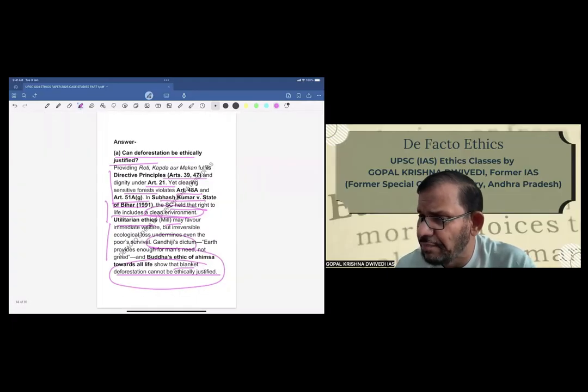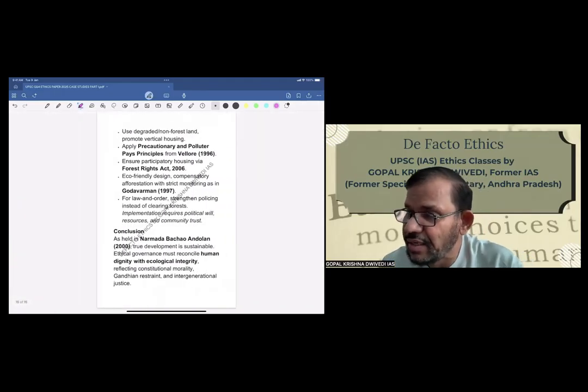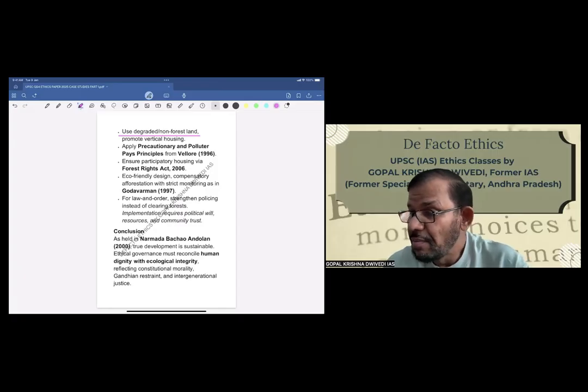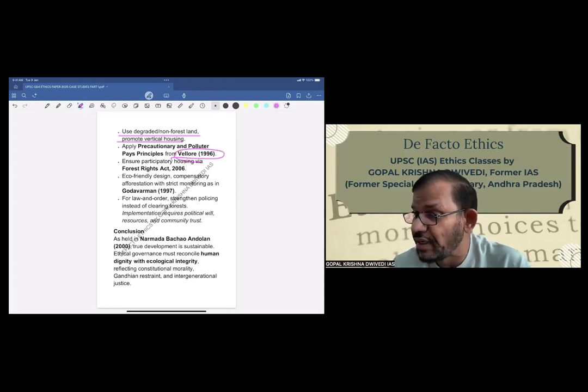Now, part C will come: alternatives and policy interventions, which has been asked. Now, let us see what can be there. Use degraded non-forest land. This is the first policy intervention. Promote vertical housing. Then apply the precautionary and polluter pays principles from the Vellore Supreme Court case, 1996.